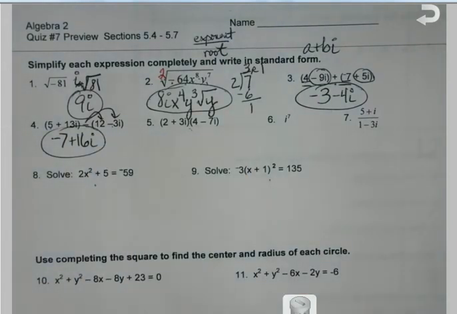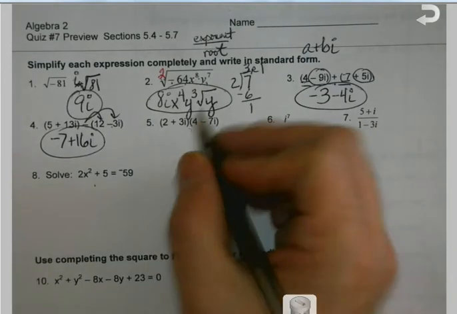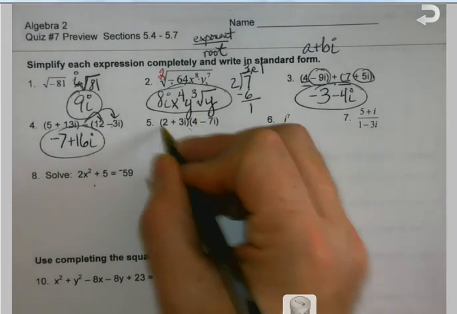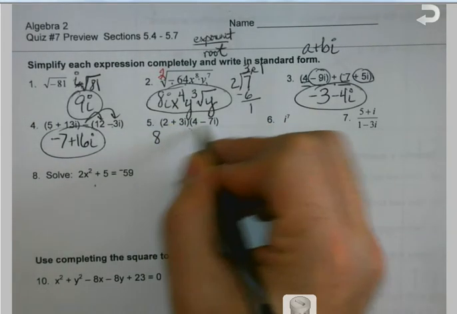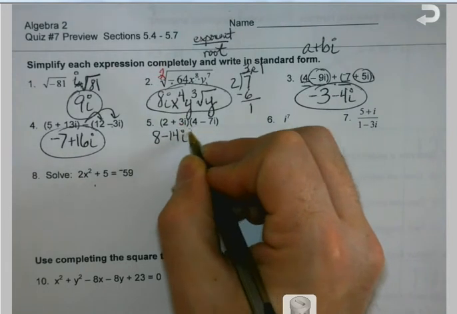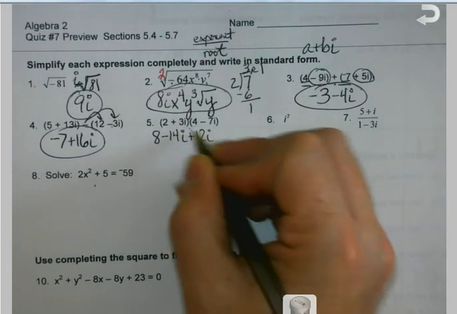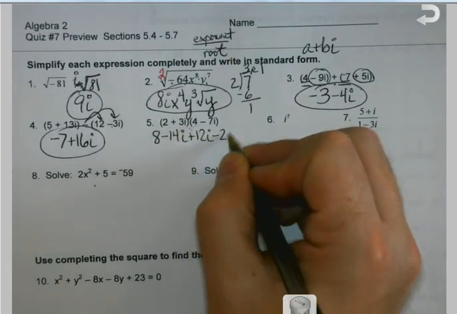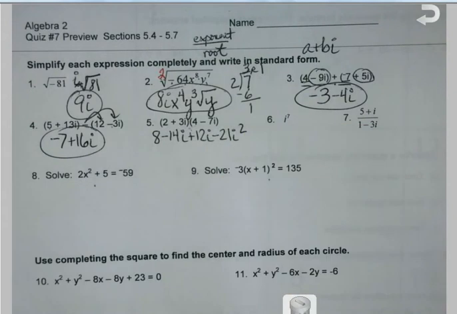So when I get to 5 then, now I've got to think a little bit, because now I do need to FOIL this out. So when I'm FOILing, let's see here. 2 times 4 would be 8. Outer would be minus 14i. Inner is 12i. And the last is negative 21i squared. But remember, i squared is negative 1.